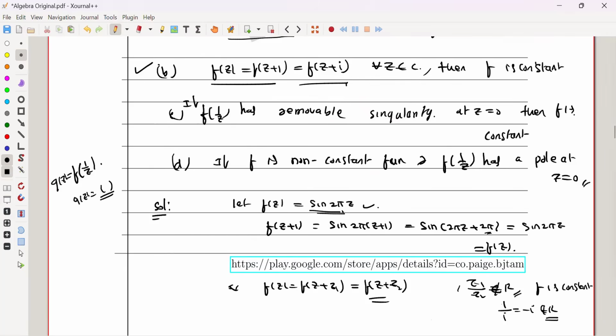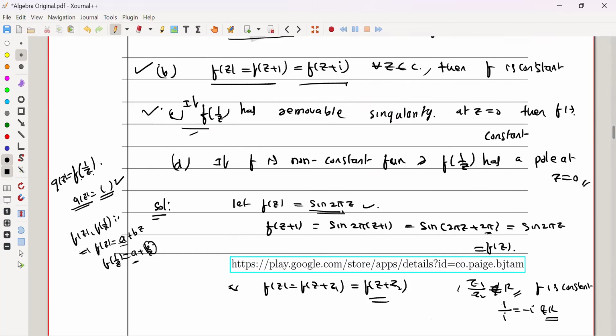Then f of z and f of 1 by z are both entire functions, which means f should be constant. Suppose f of z is a plus bz. Then f of 1 by z is a plus b by z, which has a pole at z equal to 0. But for a removable singularity, b should be 0. So f of 1 by z is equal to a, so it must be constant.